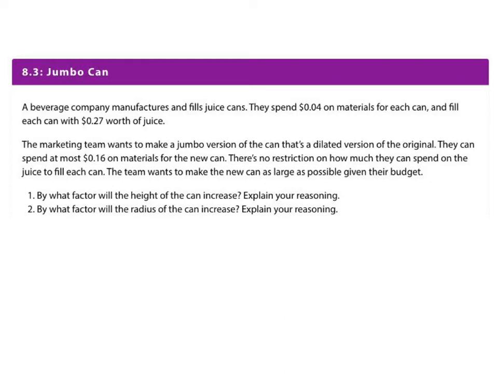They spend at most 16 cents on materials for the new can. There's no restriction on how much they can spend on the juice to fill each can. The team wants to make a new can as large as possible given their budget. By what factor will the height of the can increase? Explain your reasoning.